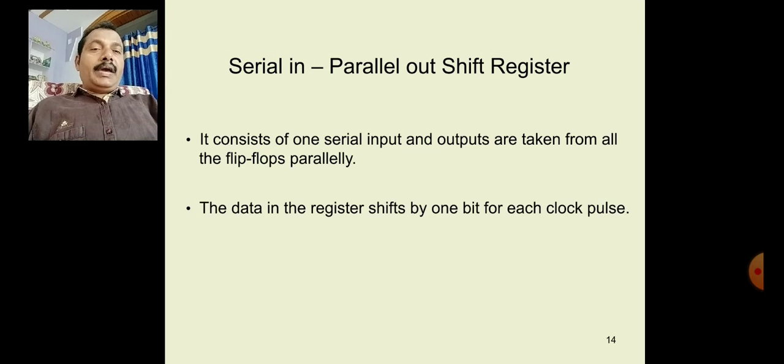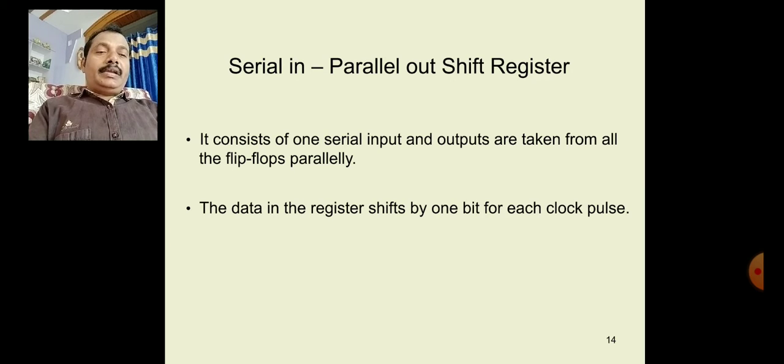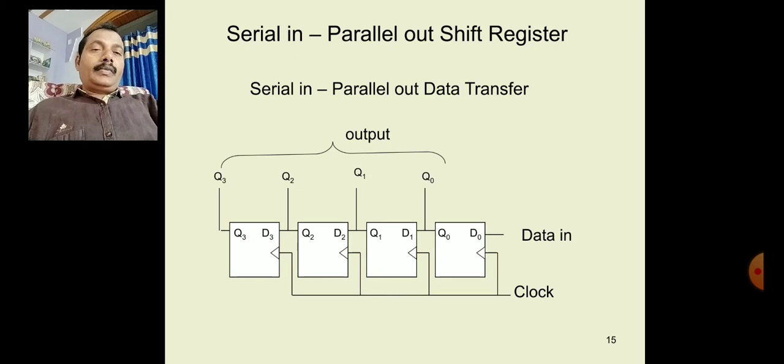Next, the serial in, parallel out shift register. It consists of one serial input, and outputs are taken from all the flip-flops in parallel. The data in the register shifts by 1 bit for each clock pulse. This is the arrangement of the flip-flops here.